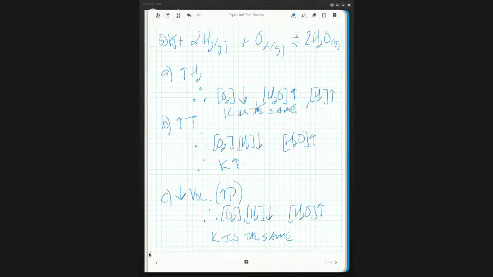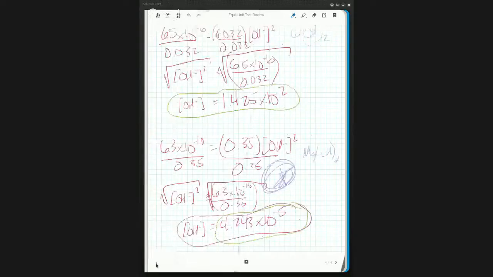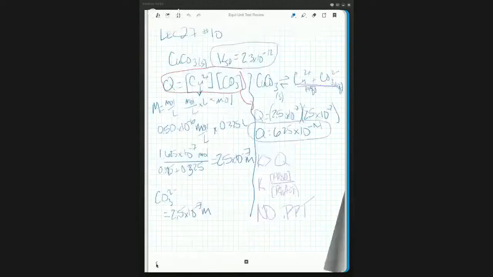So when I say number 10 is a great example, if we go back, here, you were given concentrations of two solutions that were put together. Because it didn't tell you if it was at equilibrium or not, you had to treat it as Q. Once you found Q, you compared it to K to see where you were and what was going to happen to that system.